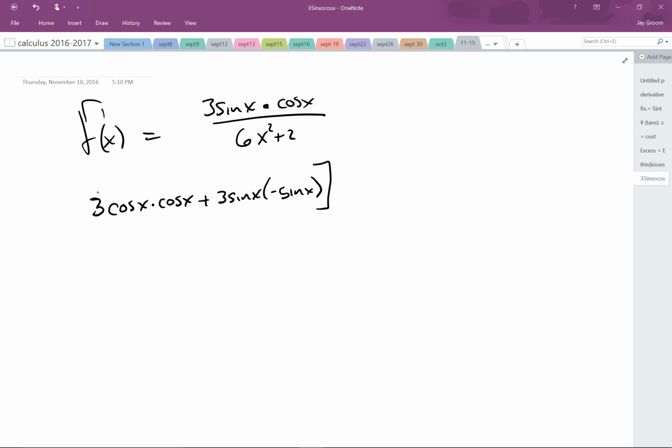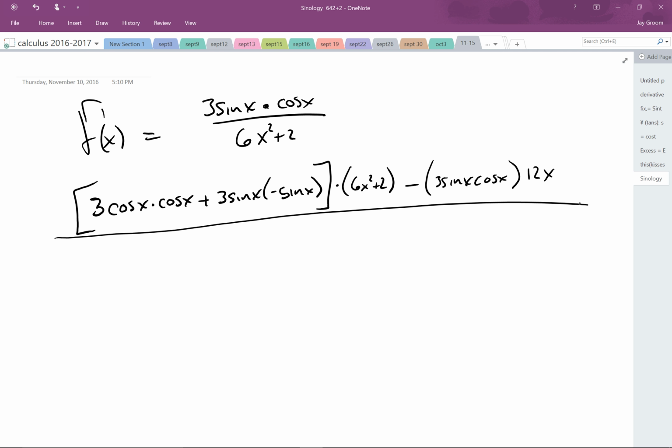So this is the derivative of the numerator times the denominator minus the top times the derivative of the bottom, all over the bottom squared. Well, let's see what I can do with this mess. This is going to be 3 cosine squared x minus 3 sine squared x. Interesting.